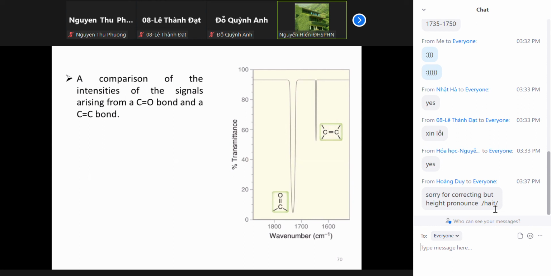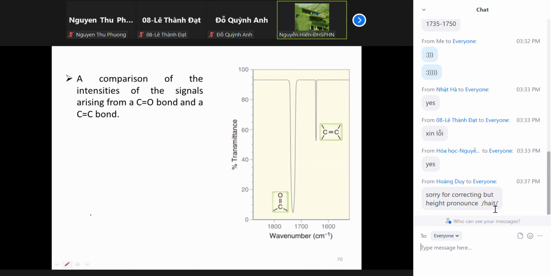So this picture is a comparison of the intensities of the signals arising from a CO double bond and a CC double bond. So you see that now you have really two different triangles in terms of both height and base.